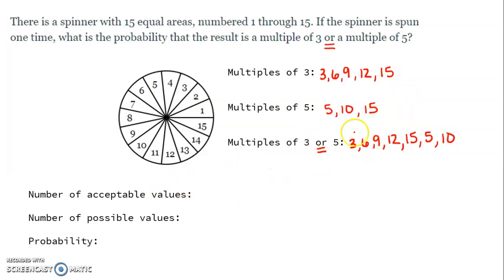So the number of acceptable values, okay, that's 1, 2, 3, 4, 5, 6, 7. So just counting these, that is 7. So I have 7 acceptable values. Number of possible values, that's how many are on my actual spinner. So that is 15. So my probability is my acceptable values over my total possible values.